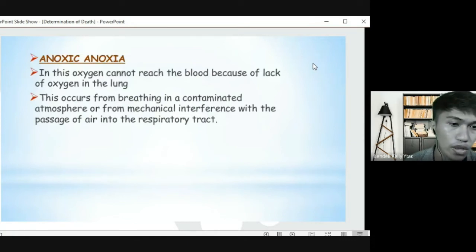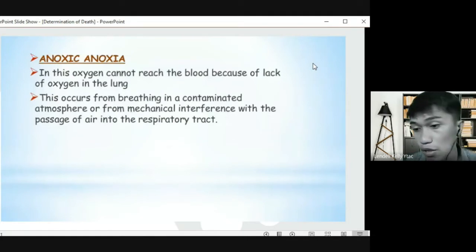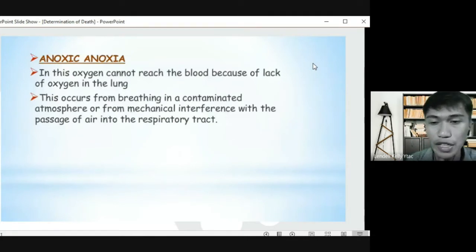This occurs from breathing in a contaminated atmosphere, or from mechanical interference with the passageway into the respiratory tract because of damage of the tissues, damage of the lobes of the lungs, or if there is a blockage of the windpipe or the trachea.